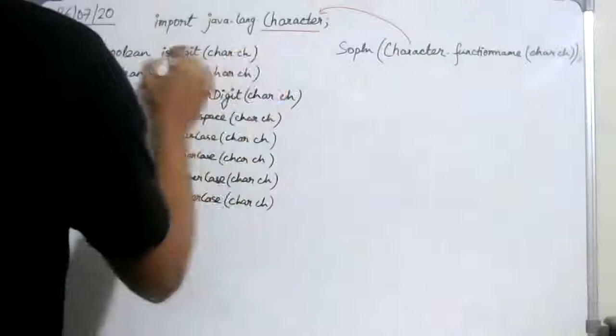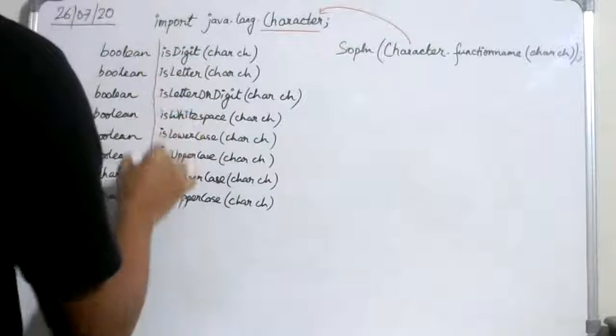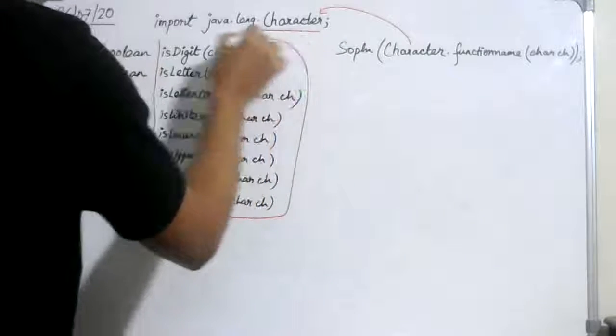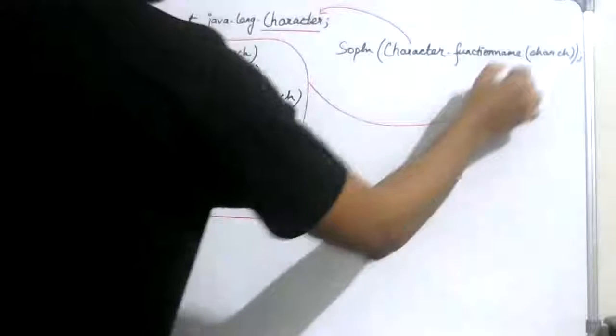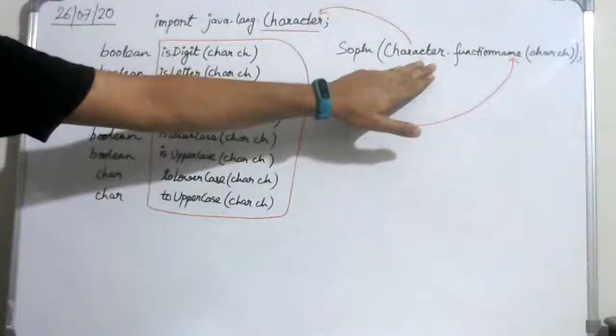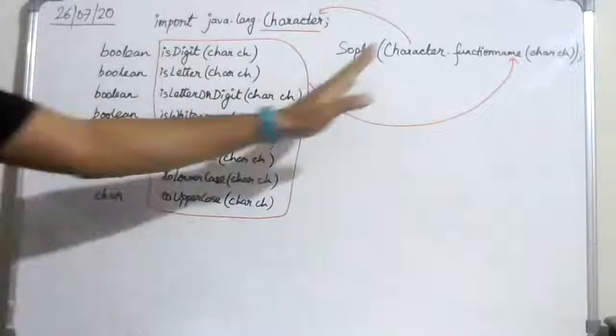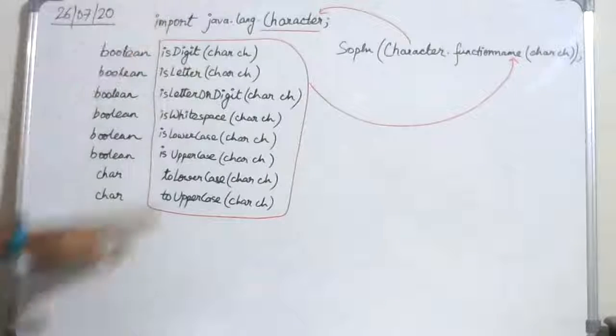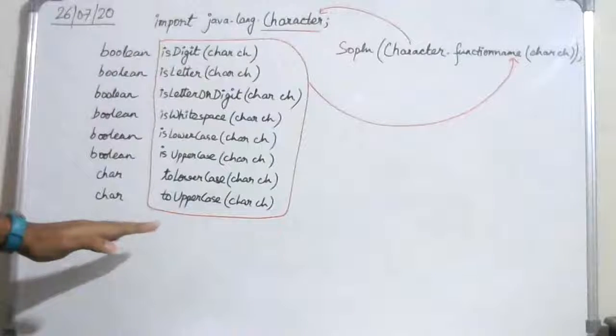Now the function names belong to this part, and their respective return types are the return types of the respective functions. The thing you need to remember is that these functions that are part of the Character class must be called using the Character class with a dot operator and the function name. This is the syntax for calling the functions that work on characters.